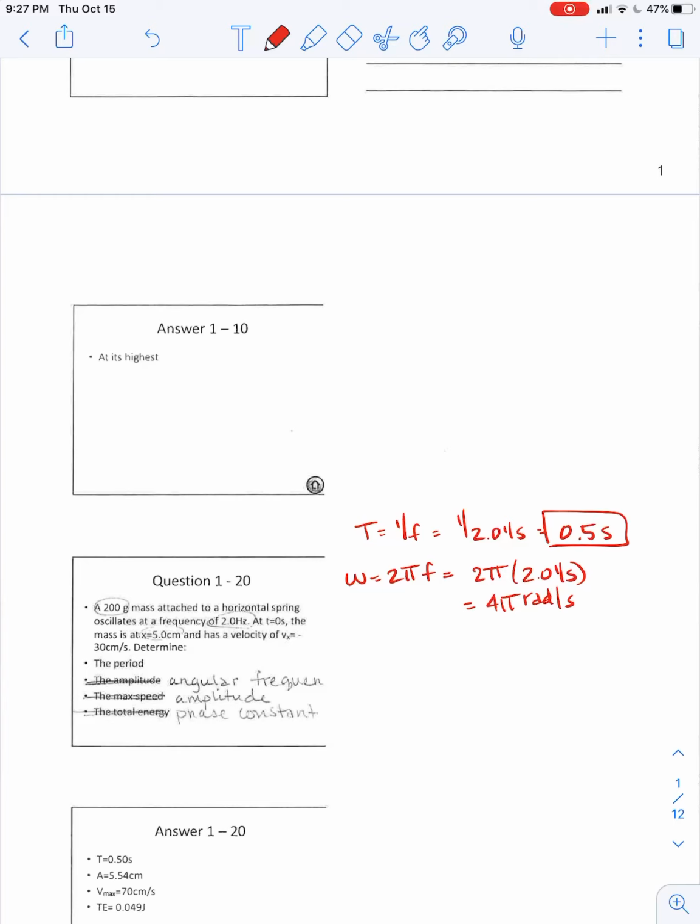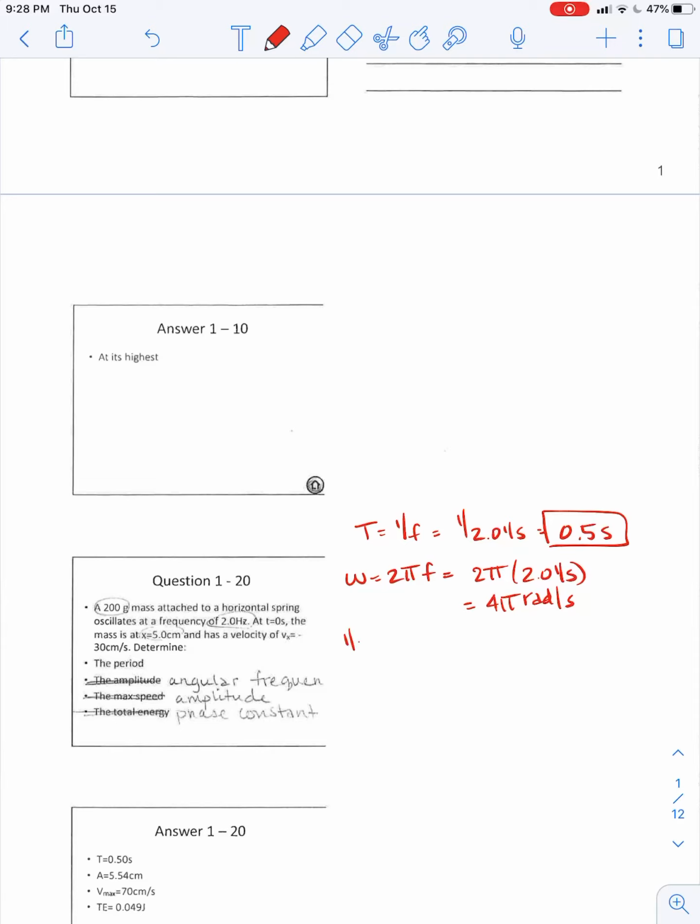And then the next one wants us to find the amplitude. So this is one of those that we could use our energy equation because we have our x value, we have a velocity, so we can find some information. And this one's a good one to find additional information that we could use some of those other equations with as well.